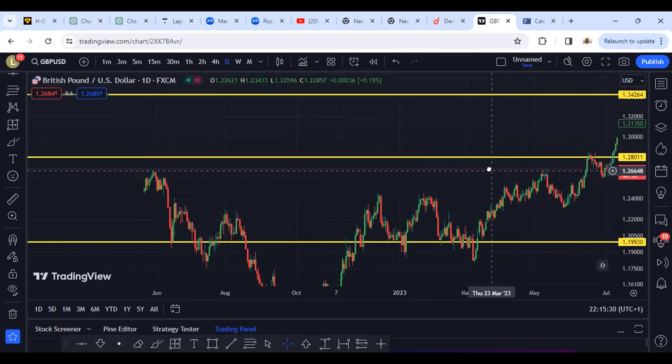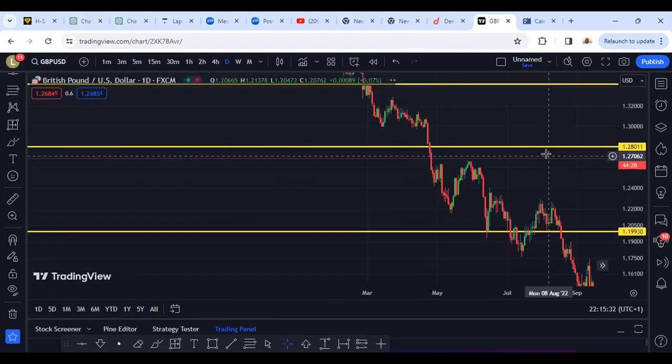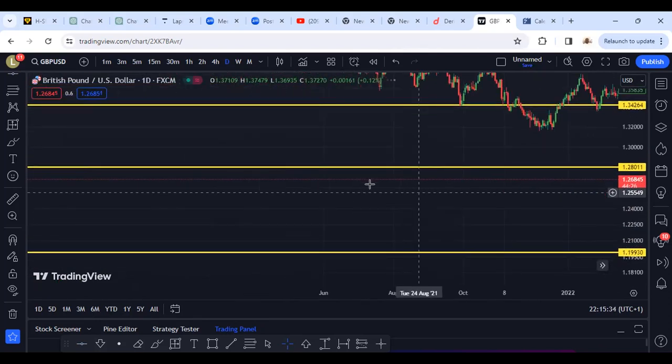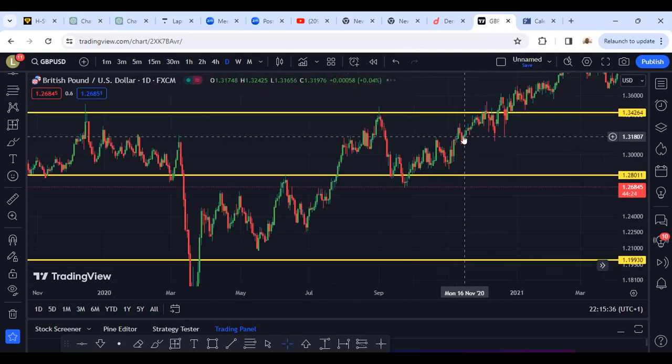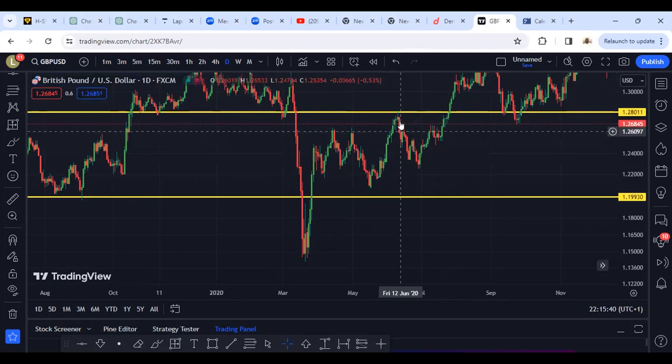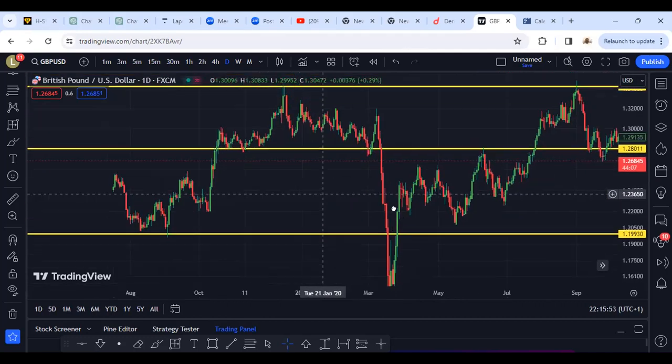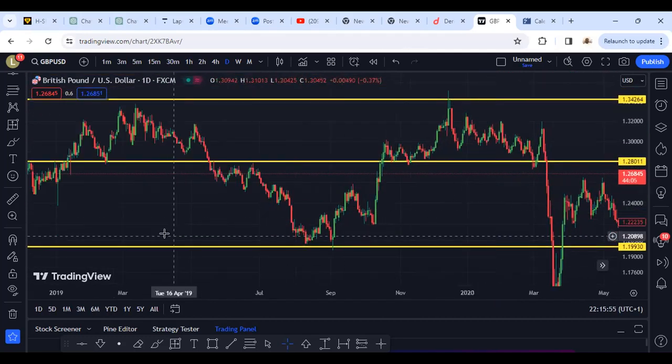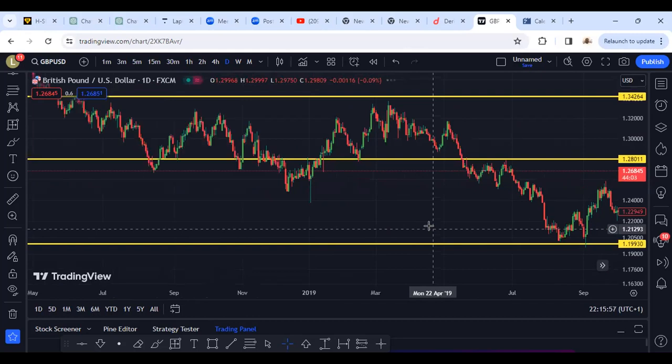Let's go back for you to know if this is a zone. History in the past will tell you if this is actually a zone. There was a time price got here and got rejected. This was July 2020. Price got rejected, so it's a zone.